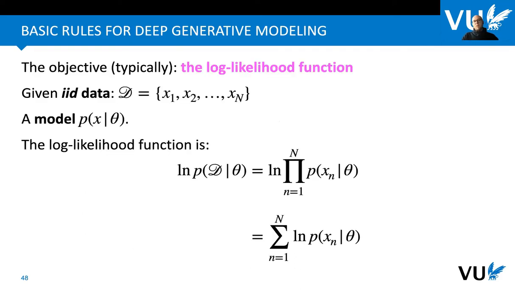Then typically we work with the likelihood function, or rather the log likelihood function, because the log changes a product into a sum. If we have IID data and some model, we use the log likelihood function. So this is typically our objective.